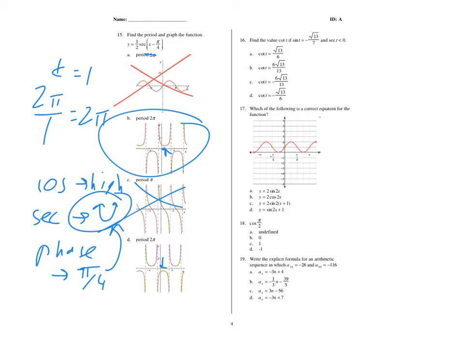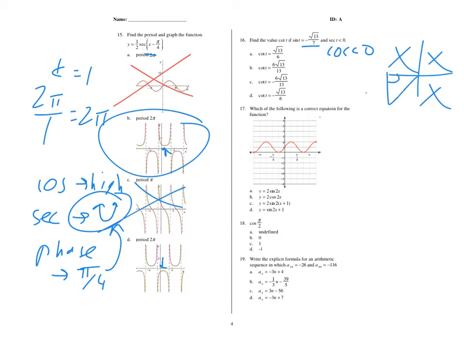All right, next up, number 16. So for this one, it says that the cosine is less than 0, and it says that sine is less than 0. And so if sine is less than 0, it can't be either one of these. And if cosine is less than 0, it can't be that one. And so it must be the third quadrant.